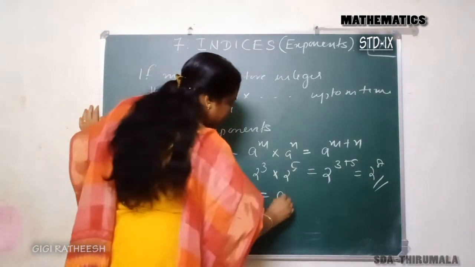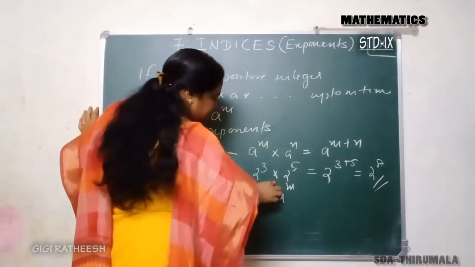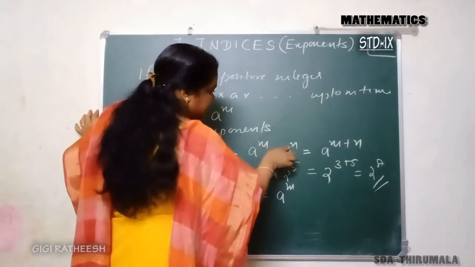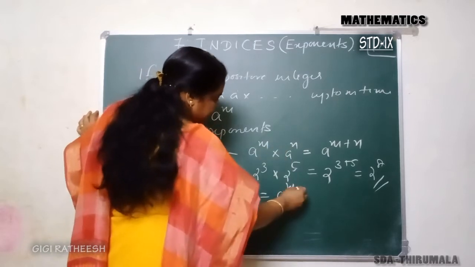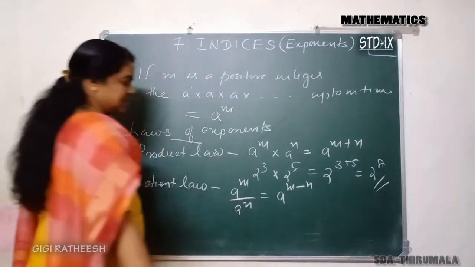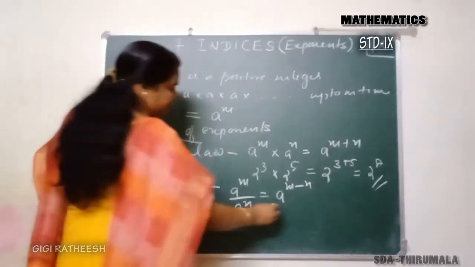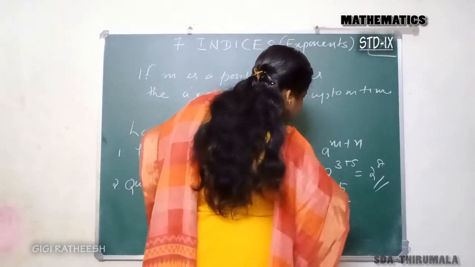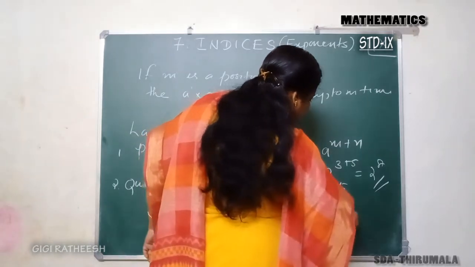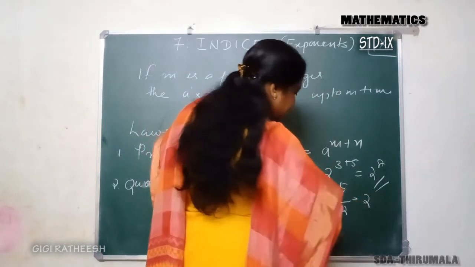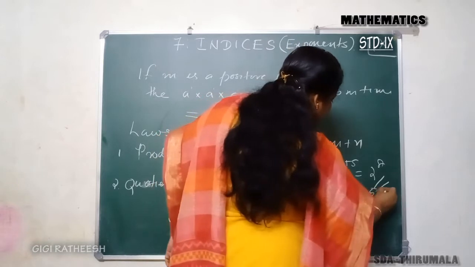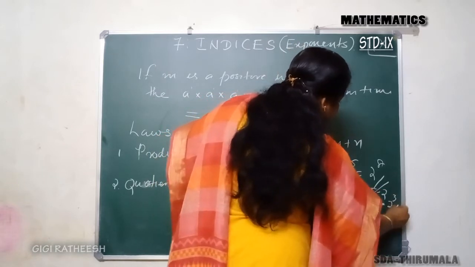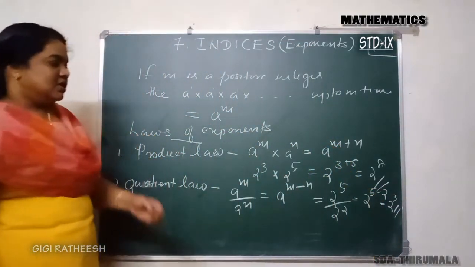If it is multiplication, the exponents add. If it is division, the exponents subtract. That is a raised to m minus n. For example, 2 raised to 5 by 2 raised to 2 is equal to 2 raised to 5 minus 2, which is 2 raised to 3.